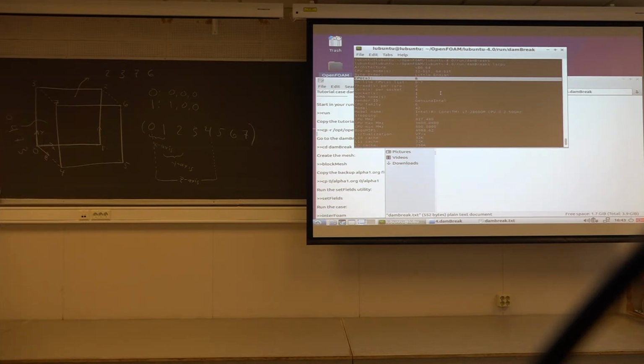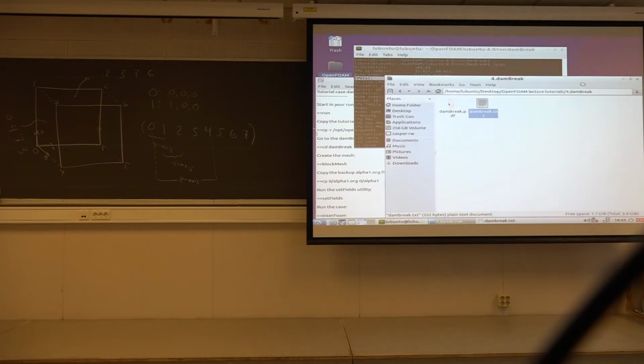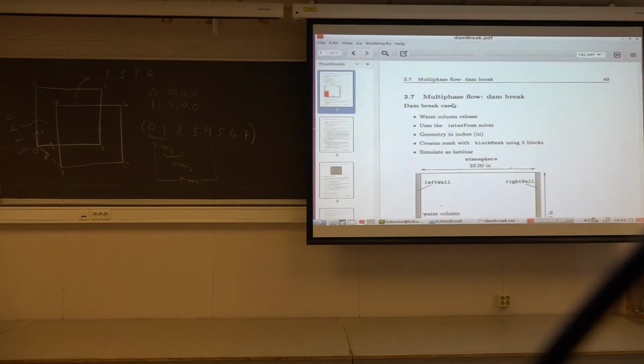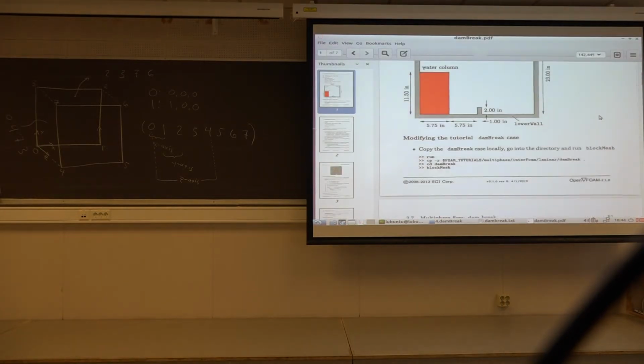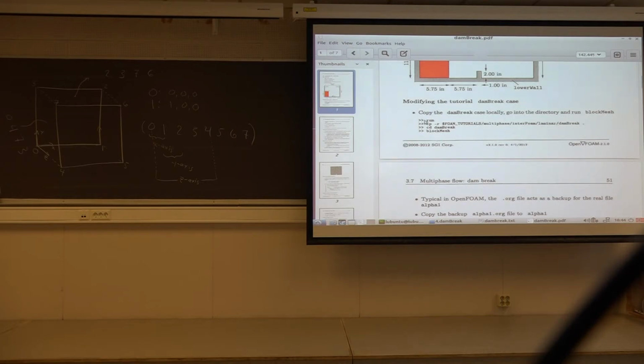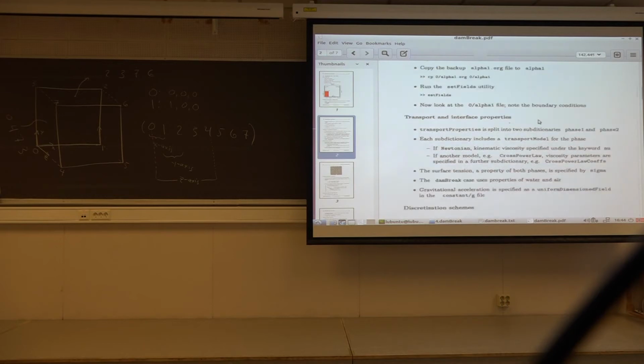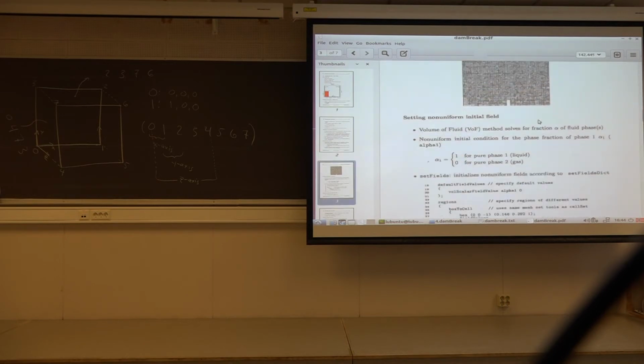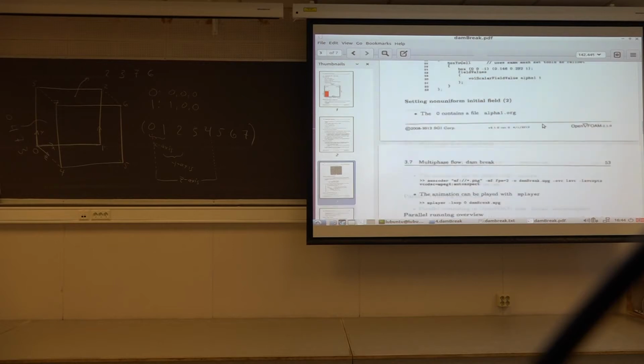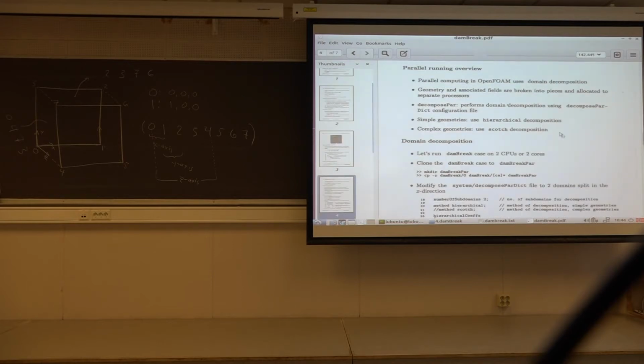Okay, but the recipe, how this is done, you will now find if you look at this PDF file for the dam break case. First, it's just a traditional 1 CPU run, so don't mind that. But here you have running in parallel, a little description about how it's run in parallel.